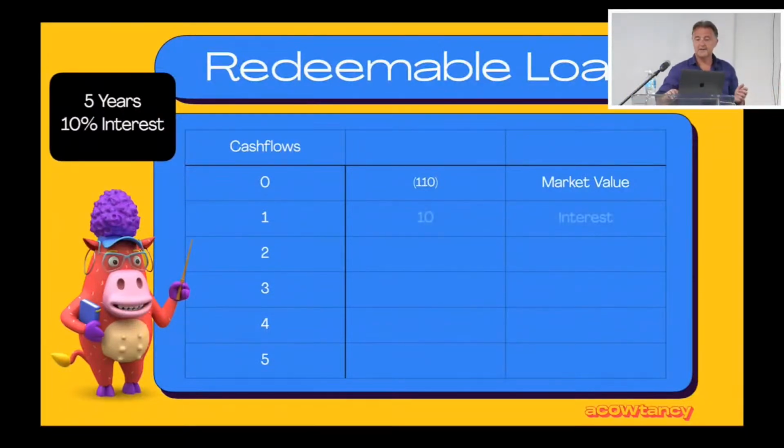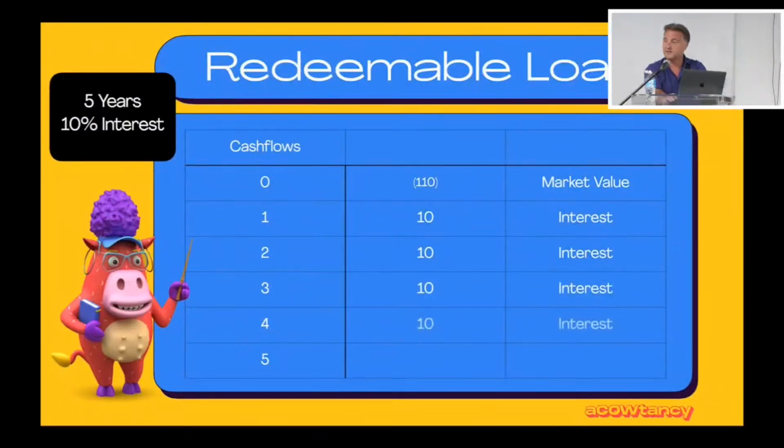You'll be paying £10 interest. Ignore what the market value is. You've got a 100 loan. You're paying 10% on it, so you pay out 10, but as a positive figure. Year 2, have a guess. 10 again. Year 3, 10 again. Year 4, 10 again. We could be here all night if I'd done a 30-year loan.